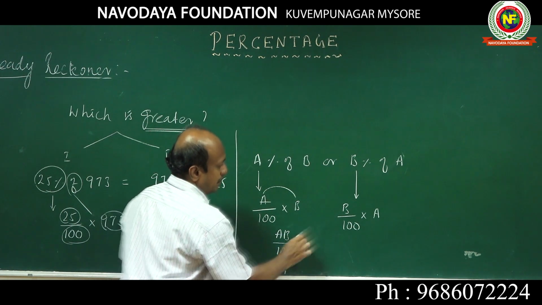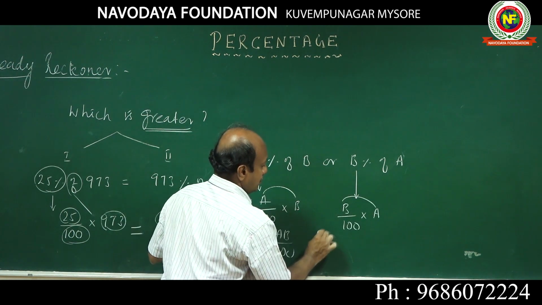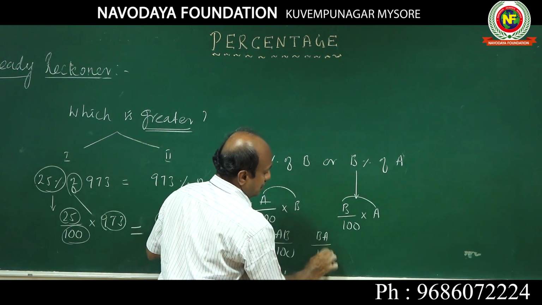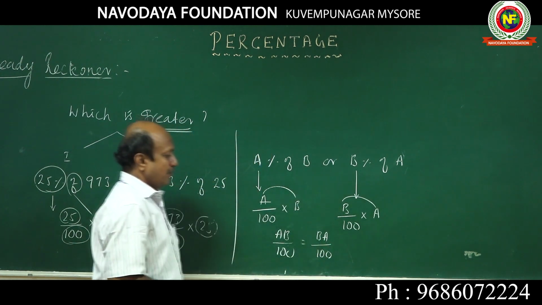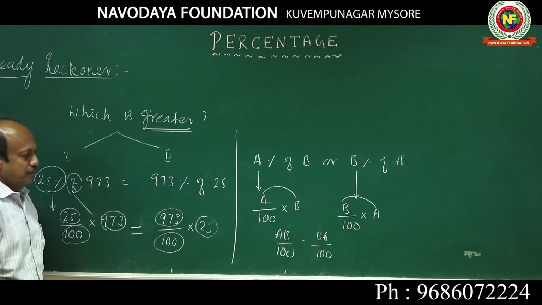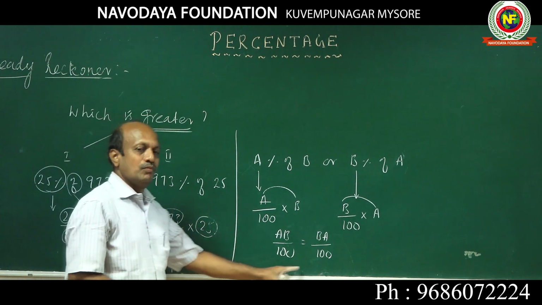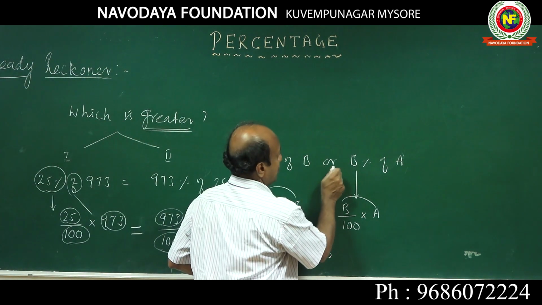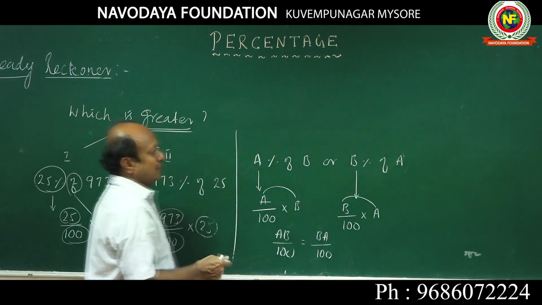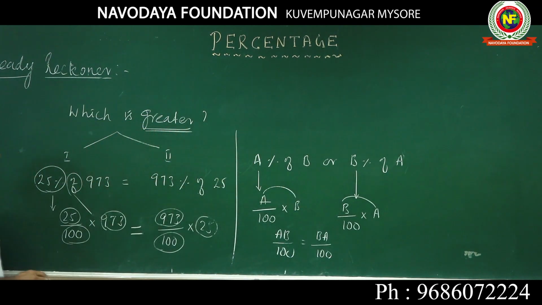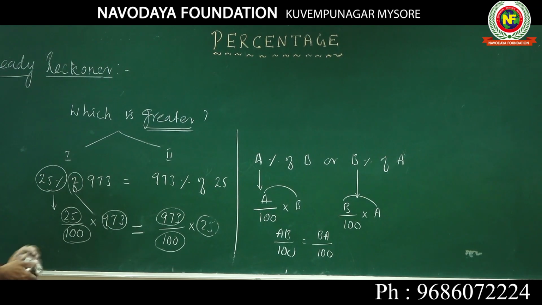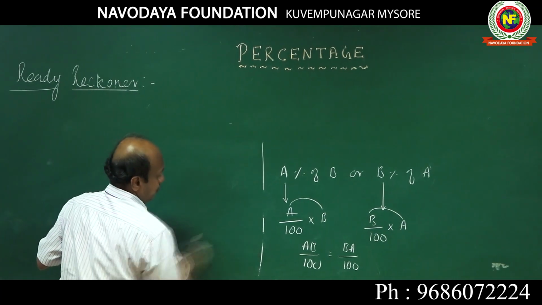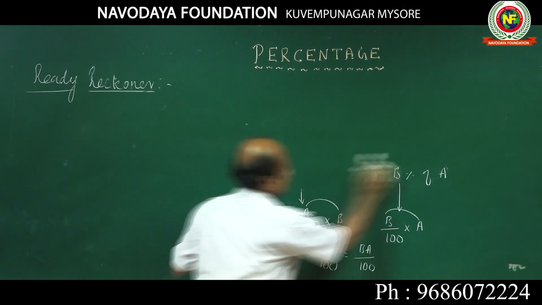AB by 100. Here AB or BA, both are one and the same. That means what you are getting here? Product of A and B and product of B and A are one and the same. Therefore, both are equal. So remember the concept: A percentage of B or B percentage of A, which is greater? Nothing is greater. None of the thing is greater. Both are equal.